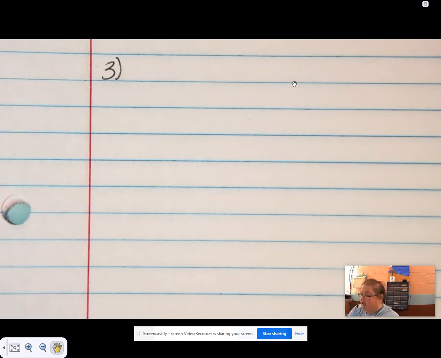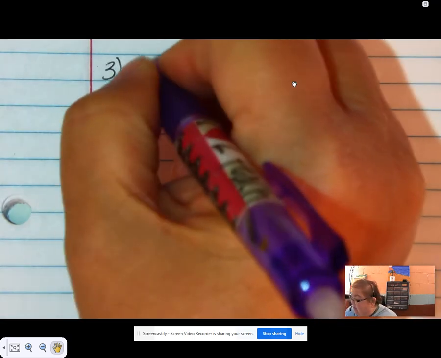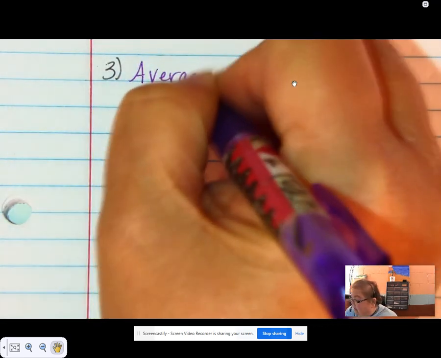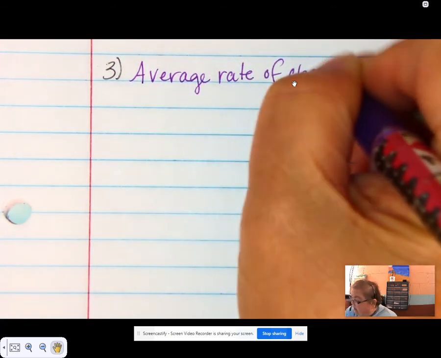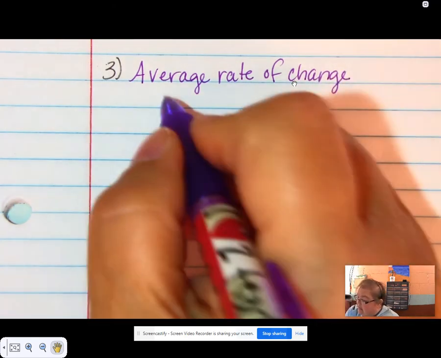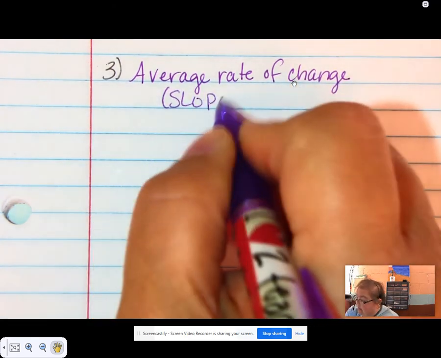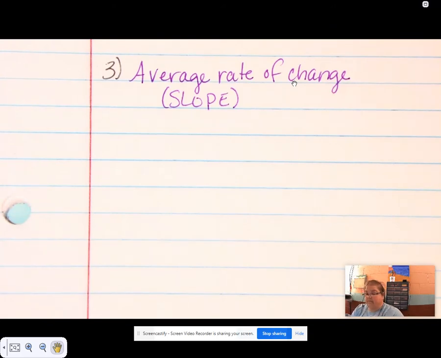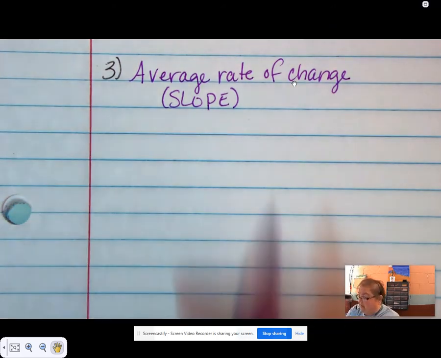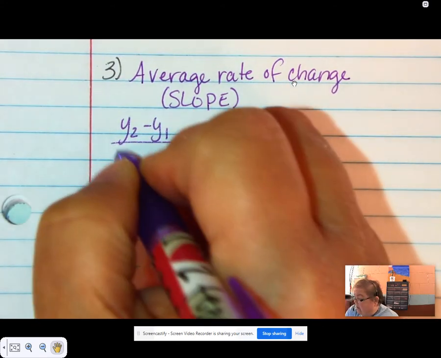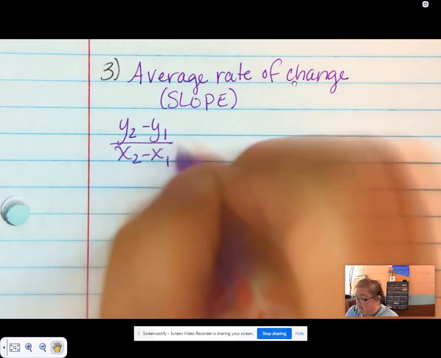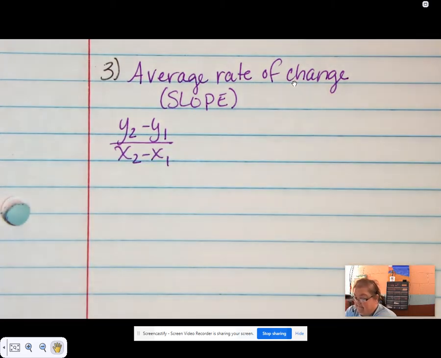average rate of change, as a reminder, is slope. And slope is the change in y over the change in x. Okay.